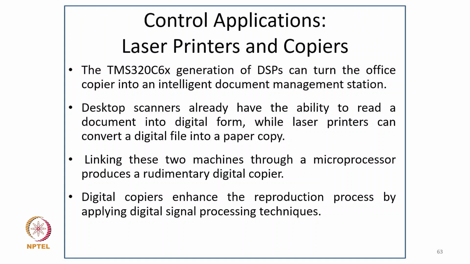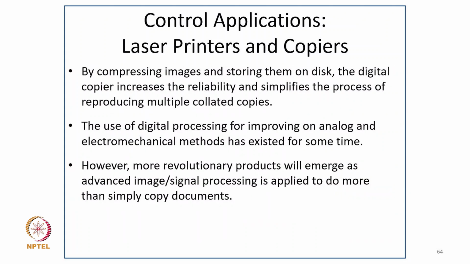Coming to a typical control application like laser printers and copiers, the TMS320C6X generation of DSP can turn the office copier into an intelligent document management station. Desktop scanners already have the ability to read a document into digital form, while laser printers can convert a digital file into a paper copy, and linking these two machines through a microprocessor produces a rudimentary digital copier. A digital copier enhances the reproduction process by applying digital signal processing techniques.